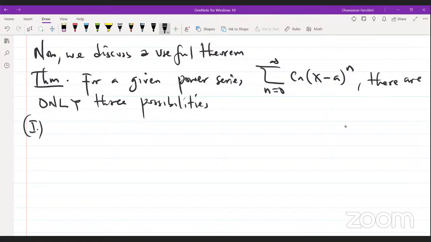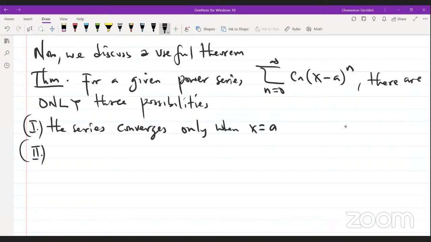Number one possibility is that the series converges only when x is a. Number two is that the series could converge for all values of x.